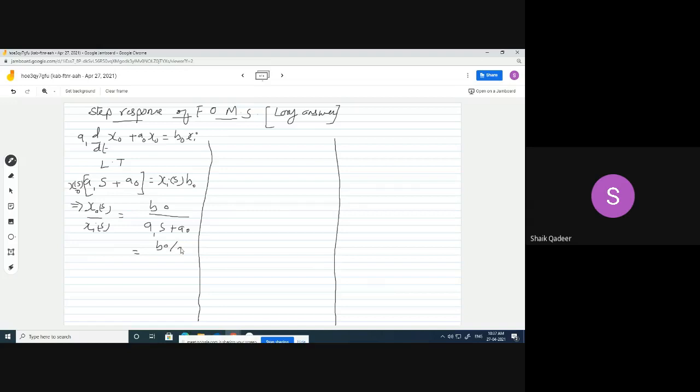This is possible if I divide numerator and denominator by a0. Can I write like this? Yes, sir.